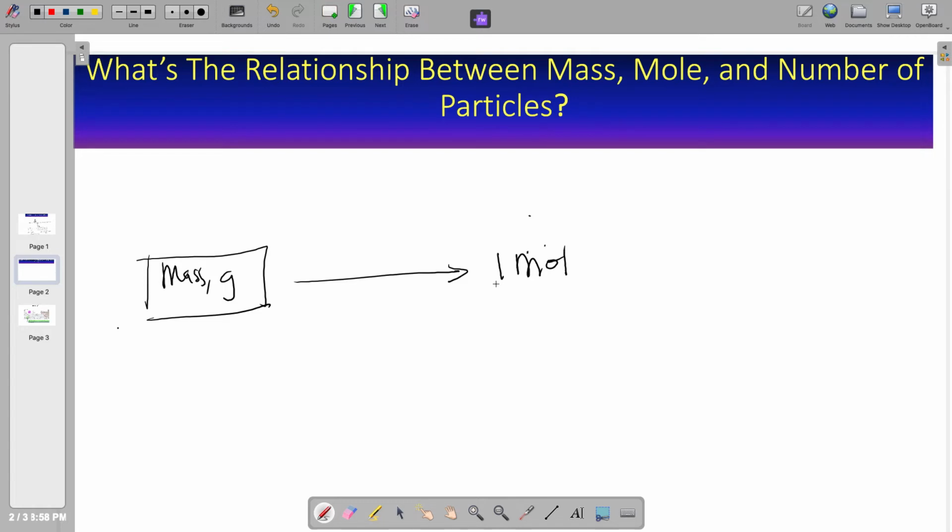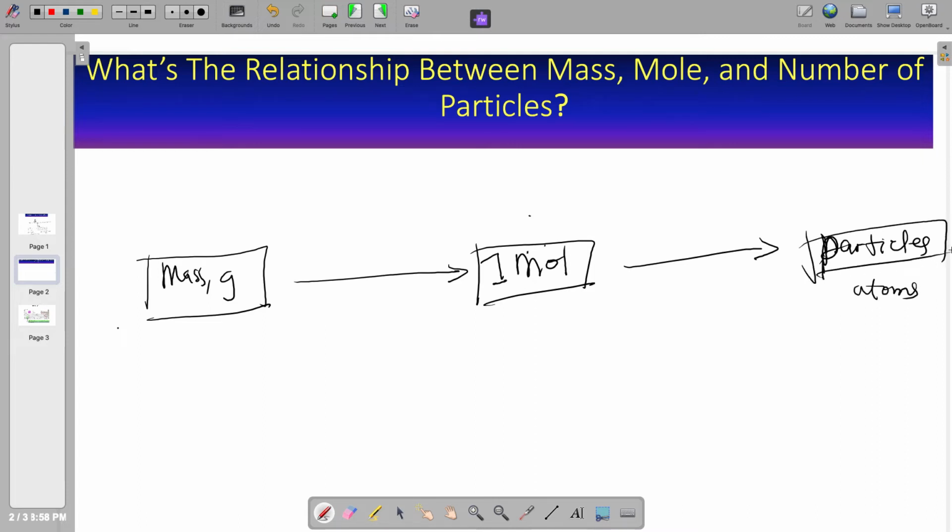I'll just write 1 mole here, and then to particles. And remember, the particles here could mean atoms, molecules, ions, electrons, and so on. Okay.